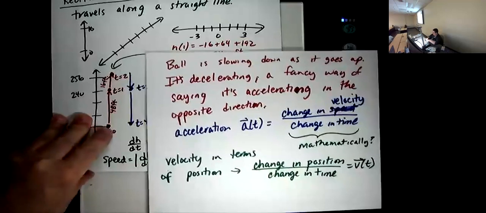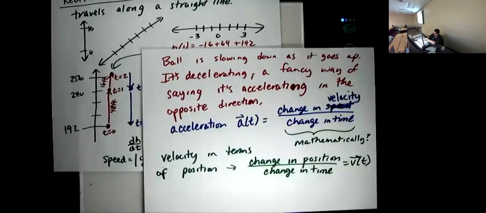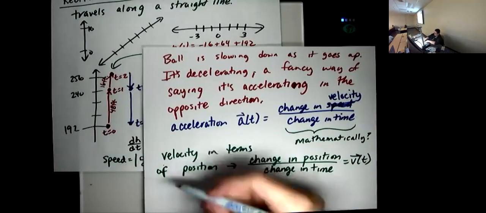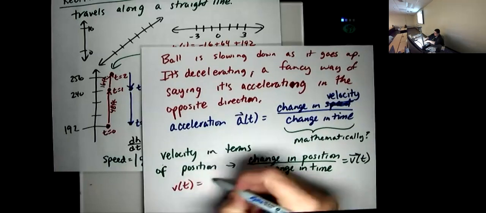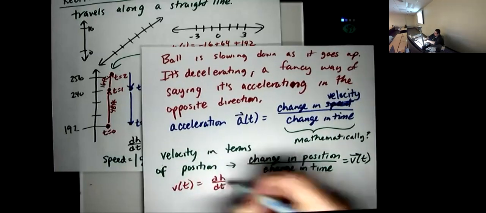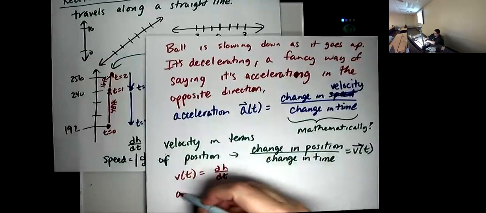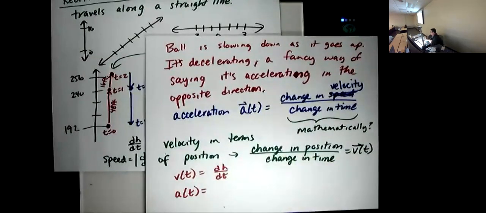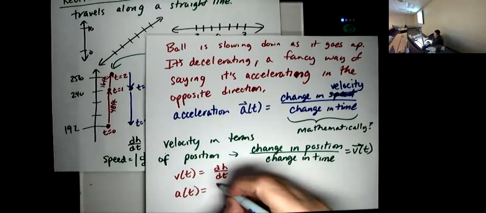It's the derivative. So V of t was dh dt. What do you guys think A of t is? With all that in mind, with what we have here. Second derivative. It's the second derivative.